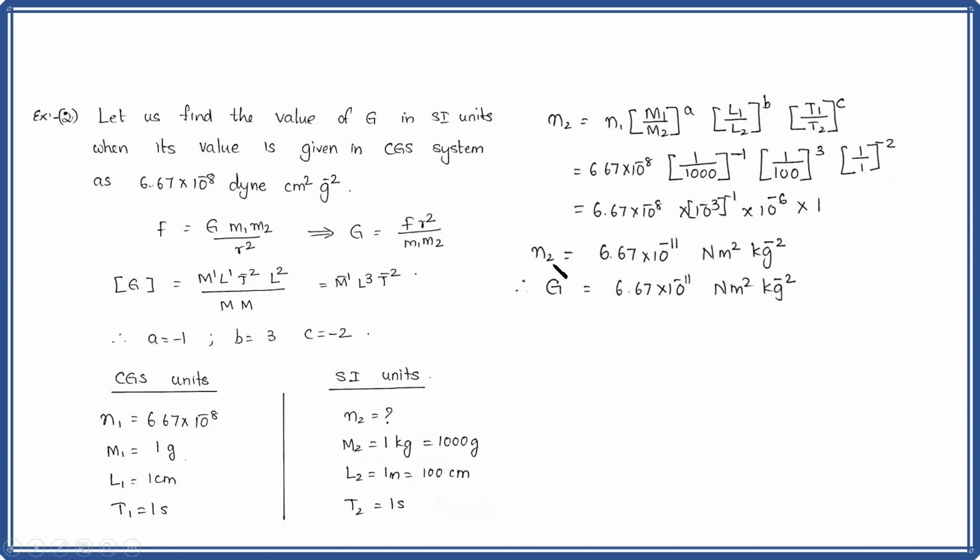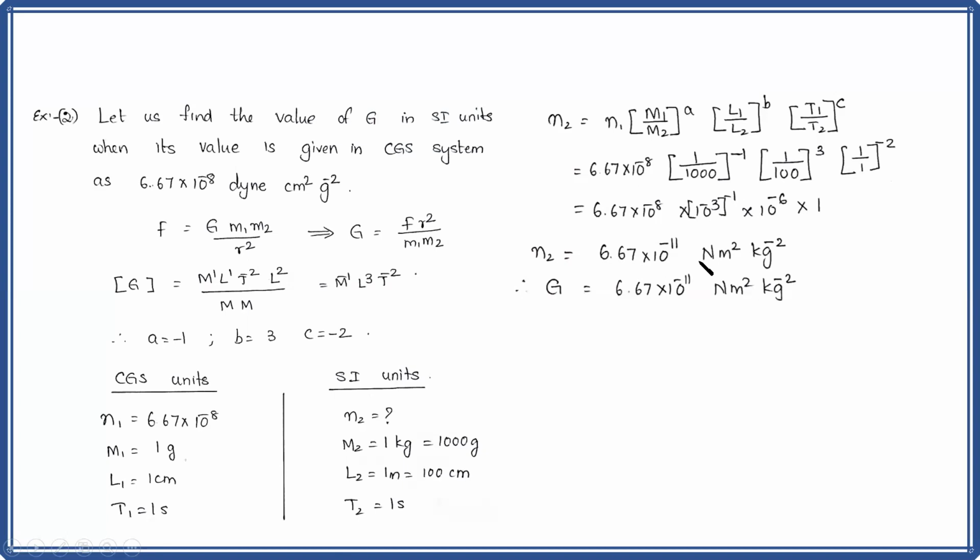Therefore, 6.67 into 10 to the power of minus 8. This 1000 to the power of minus 1 means 10 to the power of minus 3 whole to the power of minus 1. 100 means 10 to the power of minus 2 whole to the power of 3, then 1. Then it will become 10 to the power of minus 3 whole to the power of minus 1, that's plus 3, and 10 to the power of minus 2 whole to the power of 3, 10 to the power of minus 6, into 1. Once you add all the powers, it will become 6.67 into 10 to the power of minus 11.